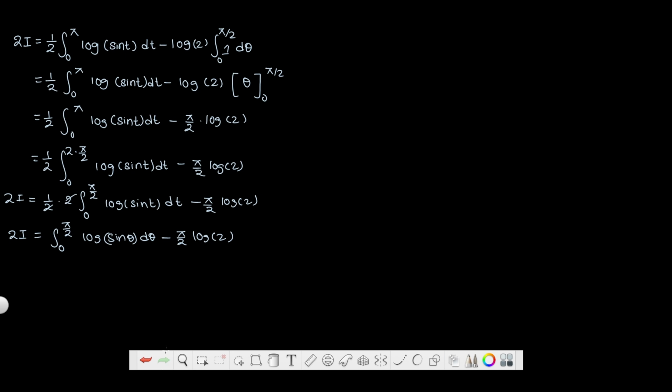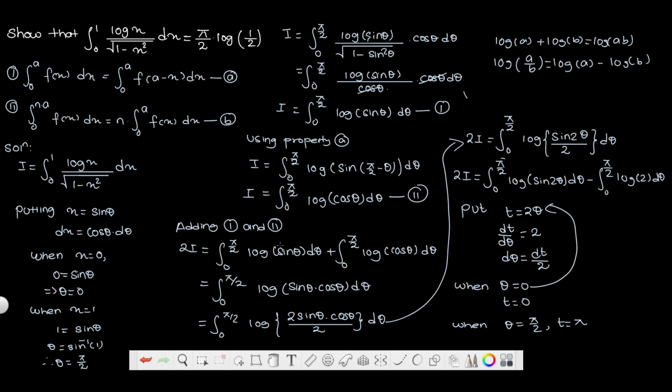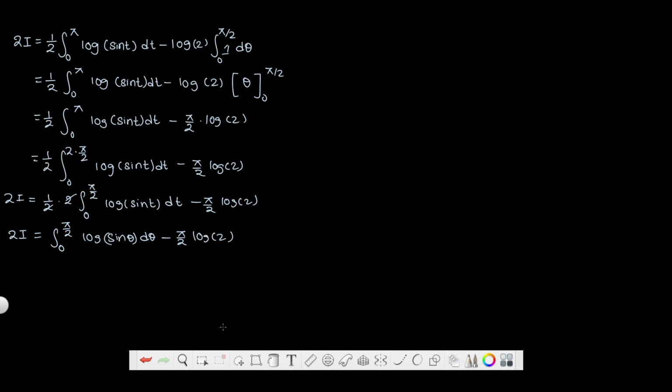So if you go back to the previous slide, here you can see that integration 0 to pi by 2 log sin theta d theta is I. So here we can replace it with I. So we get 2I equals I minus pi by 2 log 2.